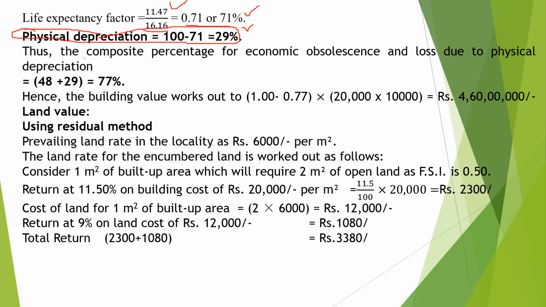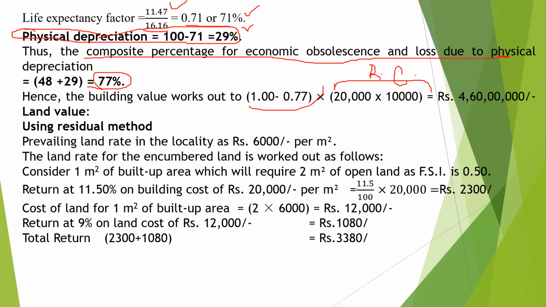The composite percentage of economic obsolescence and loss due to physical depreciation is 48 plus 29. Total depreciation is 77%. The replacement cost is 20,000 into 10,000 square meters. That will be the replacement cost of the building.